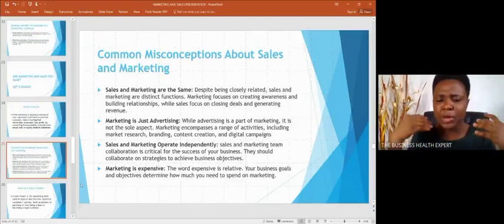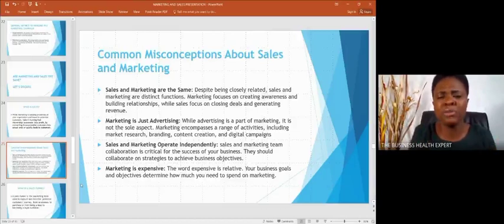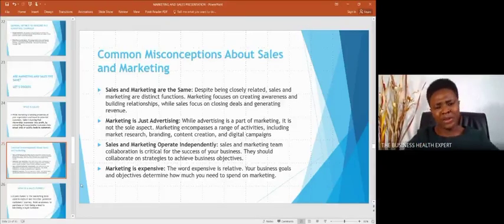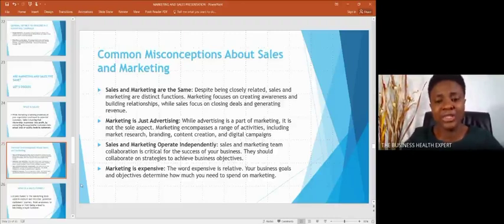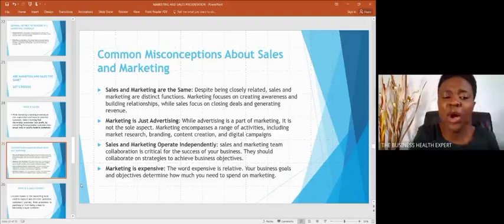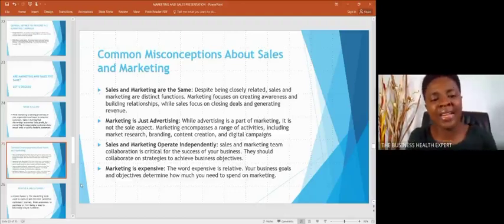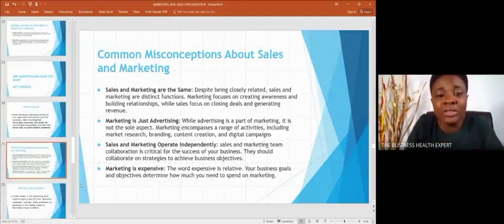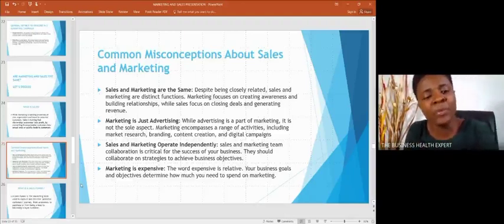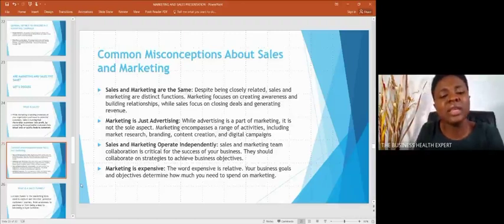They are not closing the deals. When people reach out, they are not putting the call through. They are not giving them a warm reception. It makes the marketing team's efforts useless, and in the long run, everything boils down to not getting the result or your desired goal. So it is very important to know that though they are different, they work hand in hand. They can't function on their own. The sales team needs the marketing team to function well, and the marketing team needs the sales team to function well.